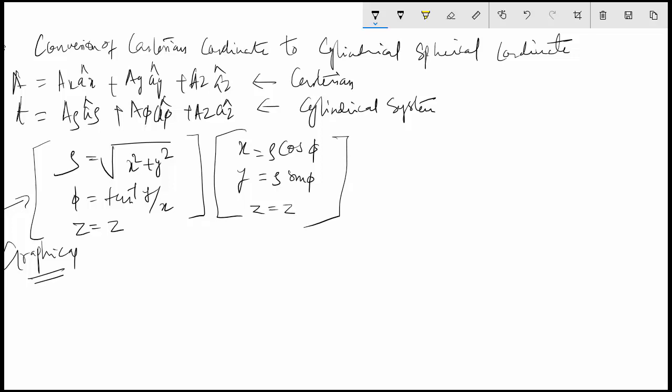So this is the second set of equations which we derived. And then what we derived was the value of the different components. So it was possible to find out Ax.